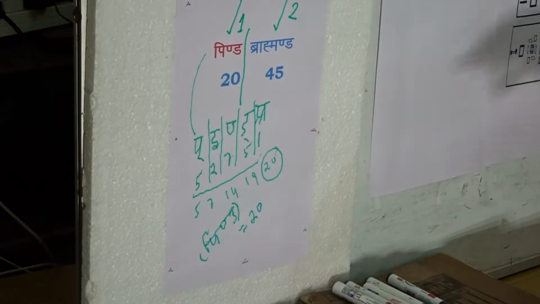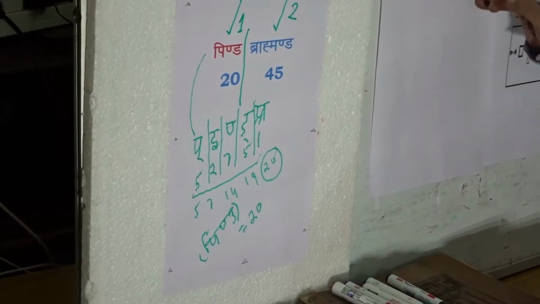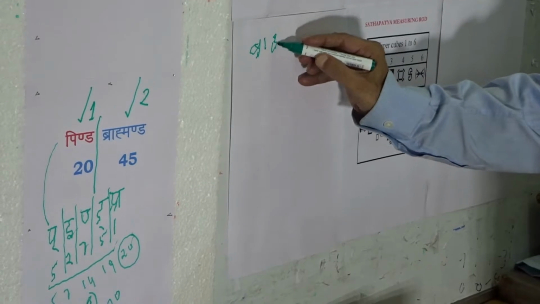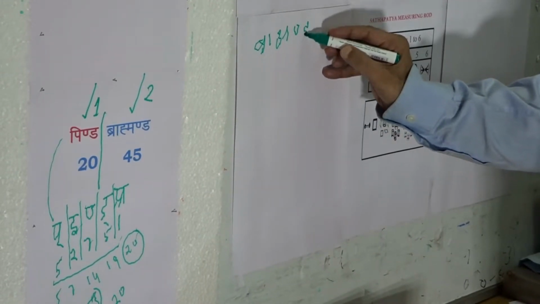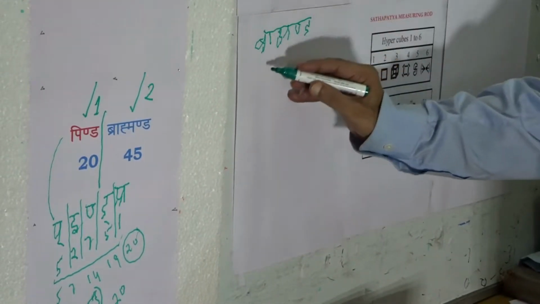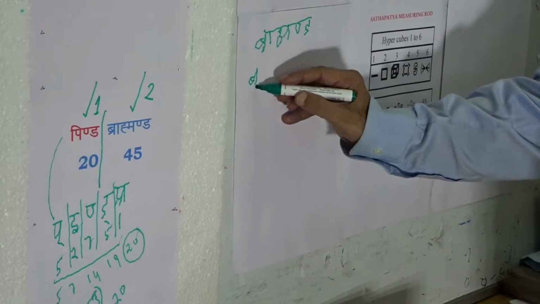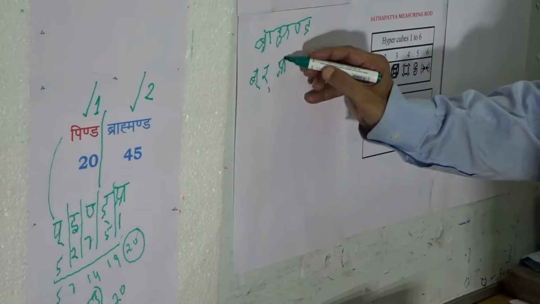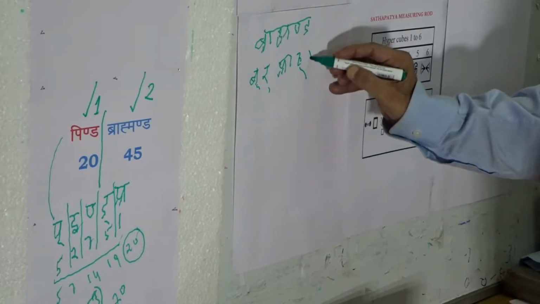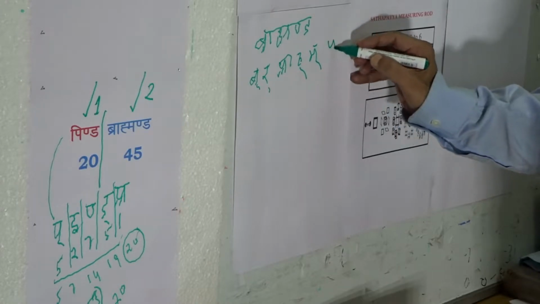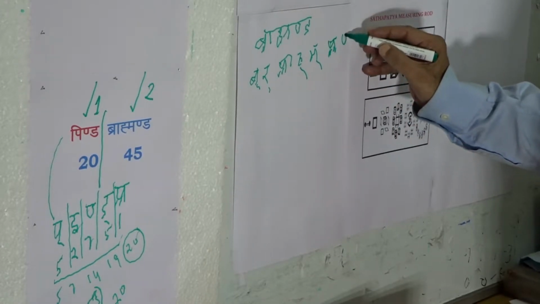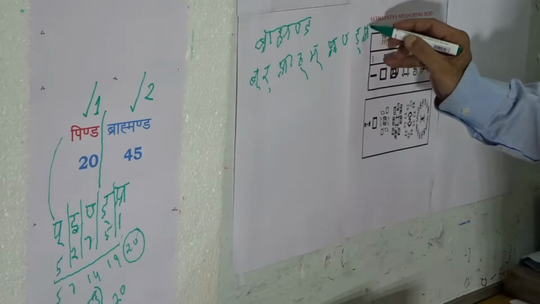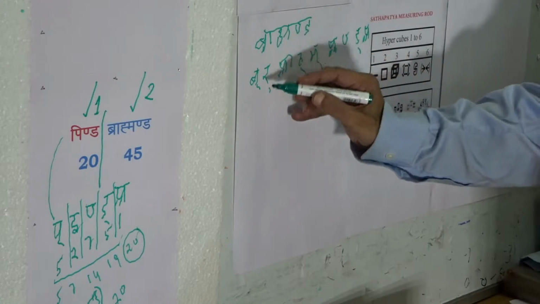Likewise, let us now revisit the second formulation, Brahmand. This formulation avails the letters Ba, Ra, A, Ha, Ma, A, Na, Da and A. 1, 2, 3, 4, 5, 6, 7, 8, 9.